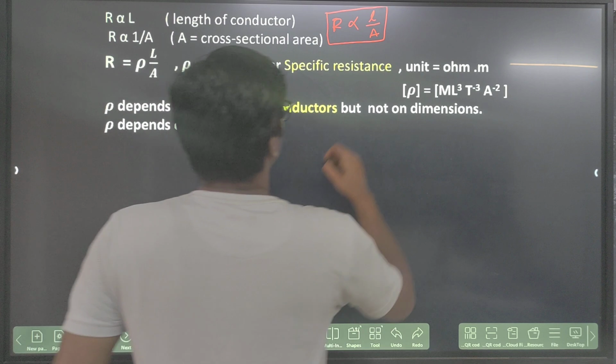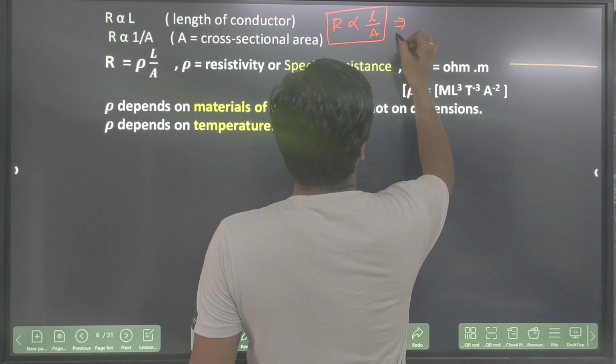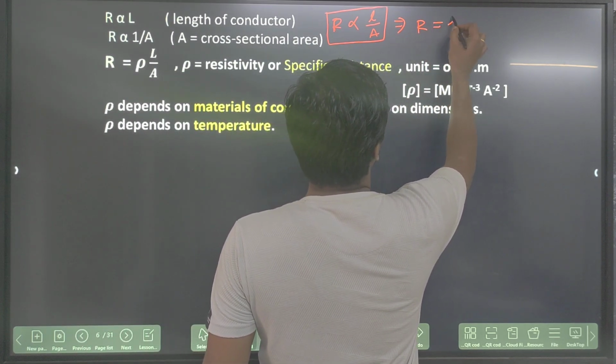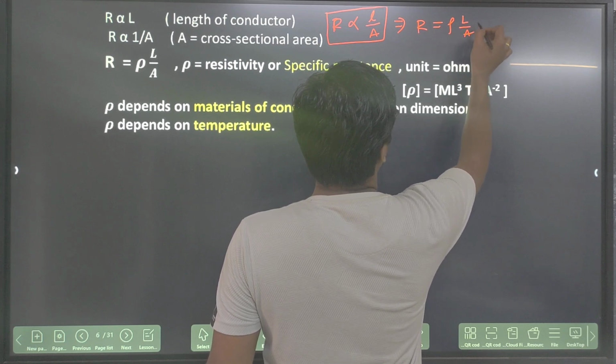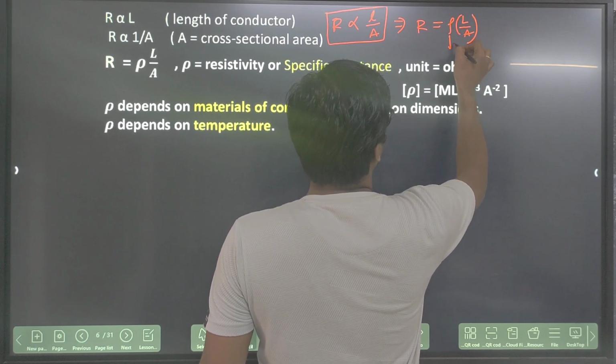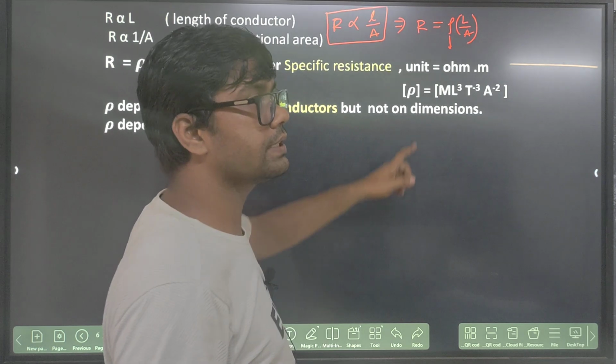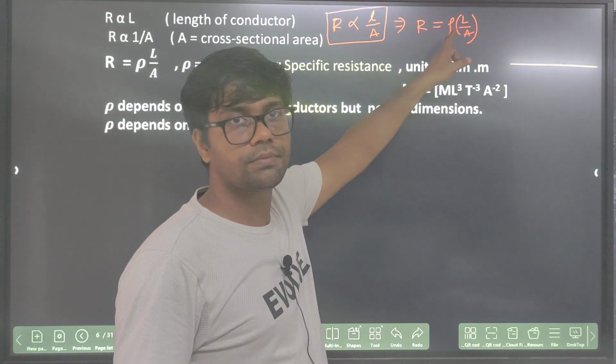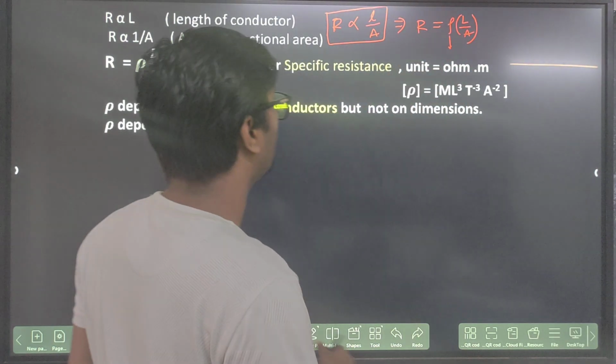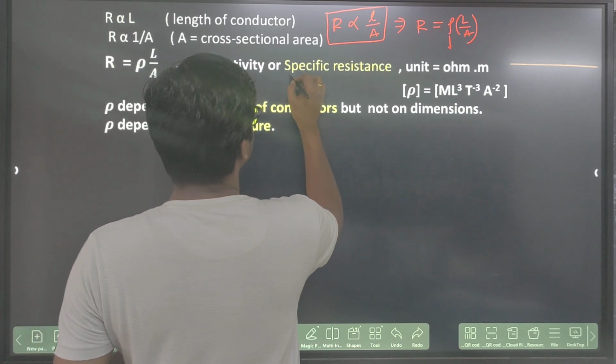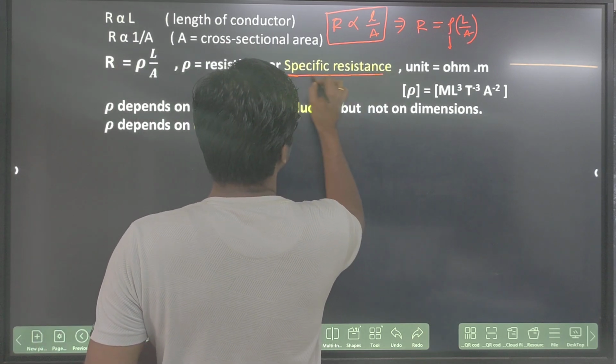Clear? And here if you write resistance equal to rho L by A, rho is called the resistivity of the material or resistivity of the conductor, right? Or it has another name, that is called specific resistance.